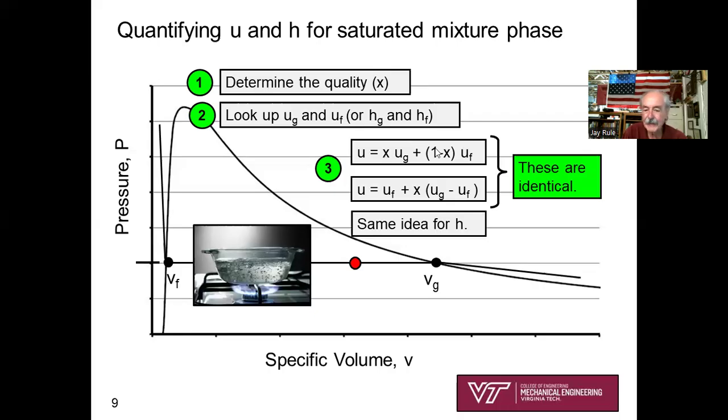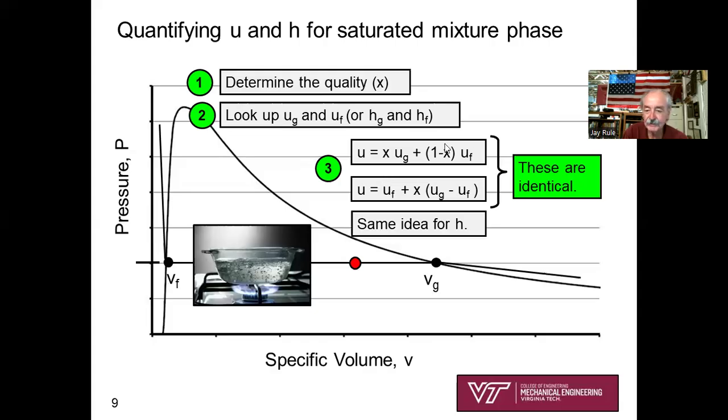Some people will say, well, that doesn't show up in the book. Here's a formula given in the book, and that's okay. U is also equal to U sub F, just plain old U sub F, plus X, the quality, times the quantity UG minus UF. That is a true statement as well. If you dissect these, you will see that algebraically, these two expressions for internal energy are identical.